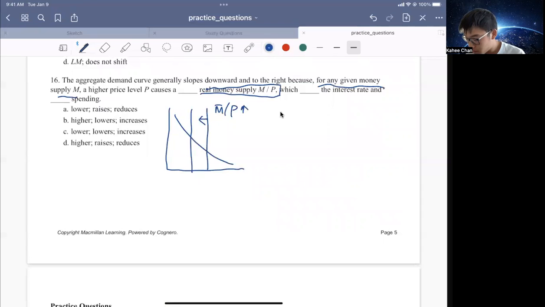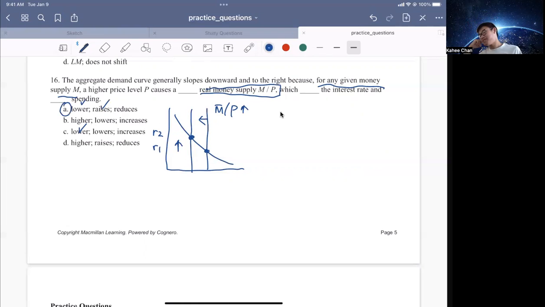So what happened to the interest rate? The interest rate is actually going up from R1 to R2. So when there's an increase in price level P, we can see the real money supply is going down. So lower, right? So what happens to the interest rate? The interest rate always goes up. So A is the answer.